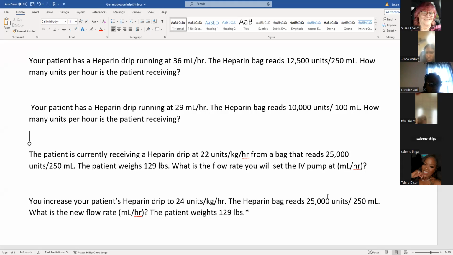That's your first step. So where are you going to get that information from? From the bag, it said 12,500 divided by 250. Yes. Okay, so we're going to take the 12,500 and divide it by the 250 because we need to know how many units we have for every ml that we're giving.